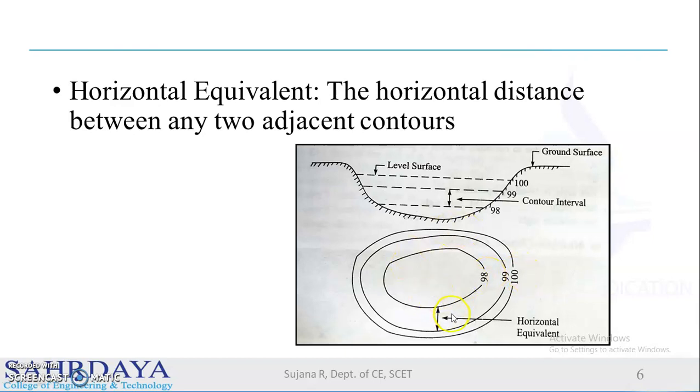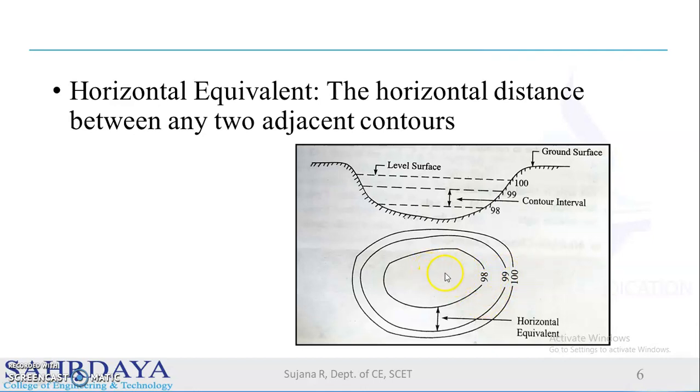If you observe the plan, there is a horizontal distance between each contour, and it is not constant. The distance between the 98 and 99 contours is not the same as the distance between the 99 and 100 contours. So this horizontal equivalent will vary throughout a single map, whereas the contour interval will be constant.